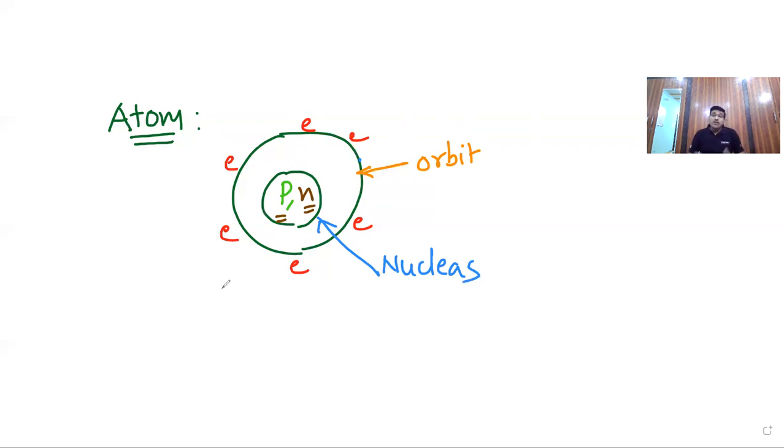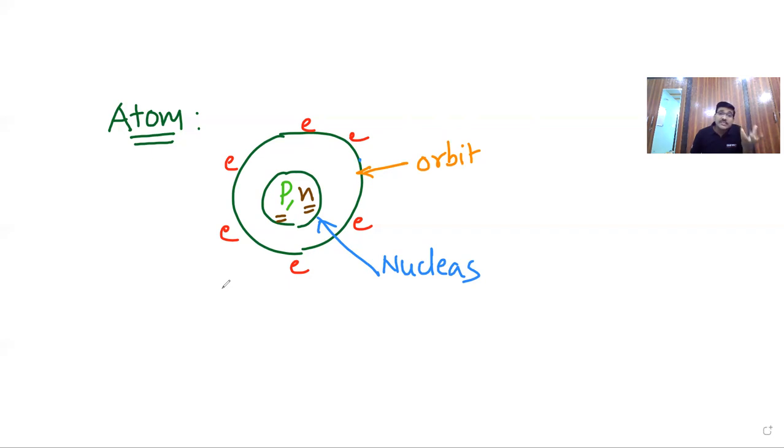Clear? Now, if I need the entire atomic mass, I concentrate on the nucleus, which is the core area of the atom. Understand? If I require the mass of an atom, I concentrate on the core part, the nucleus.